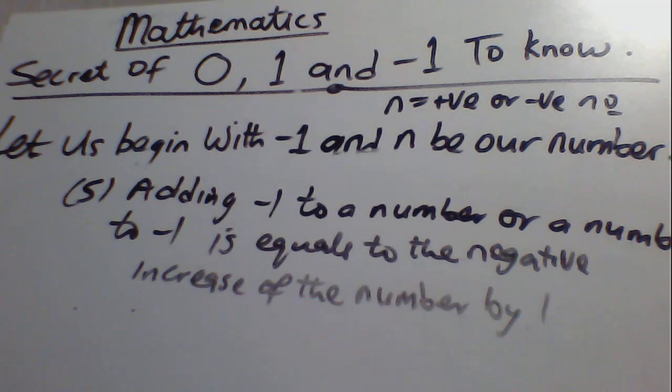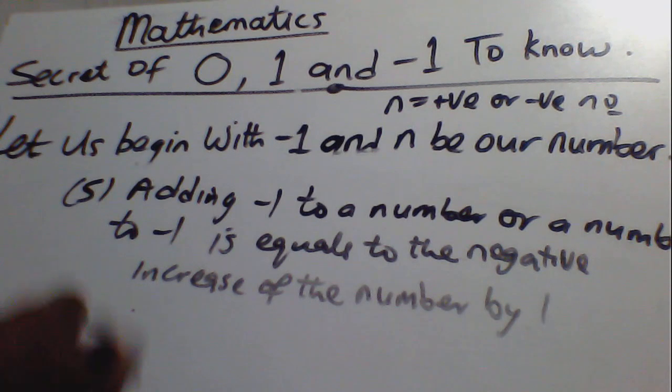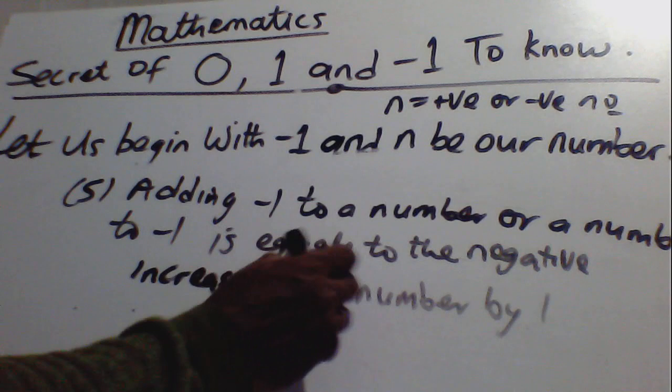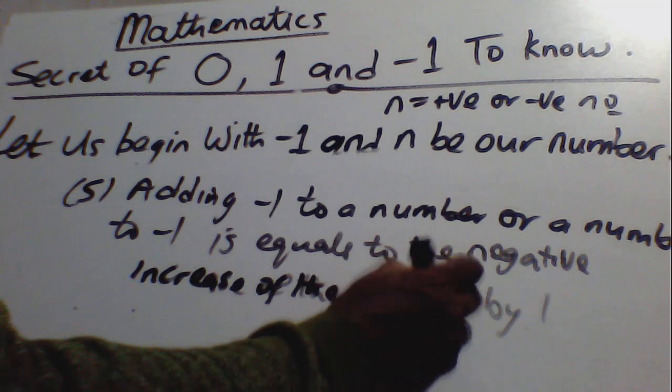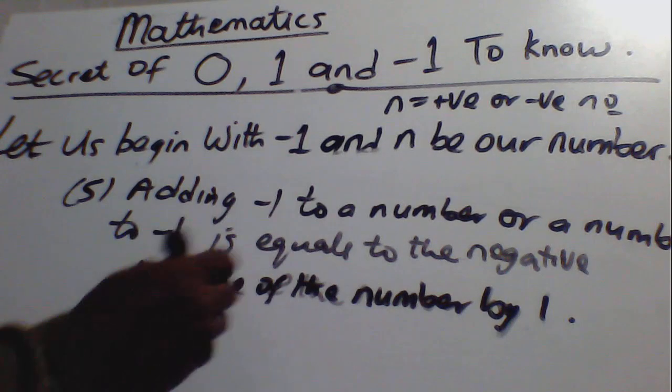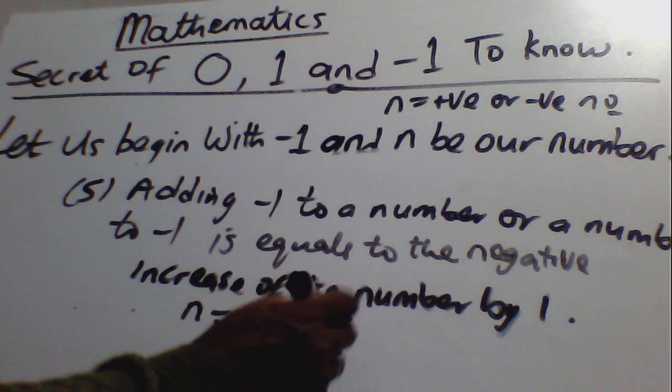So you can read it again. Adding minus 1 to a number or a number to minus 1 is equal to the negative increase of the number by 1. In this case, n is equal to a negative number.